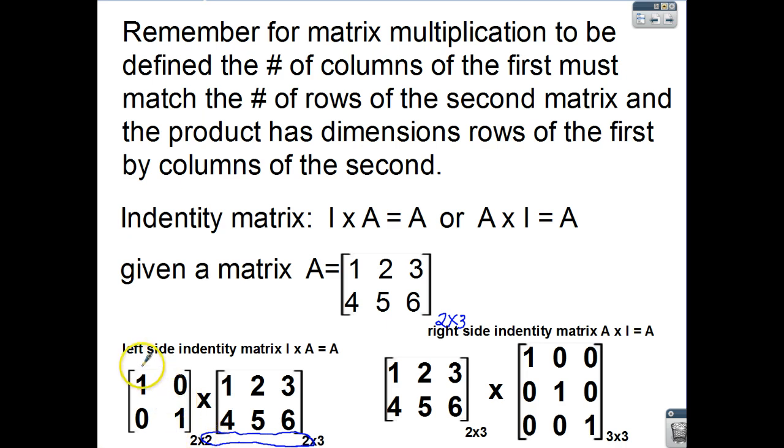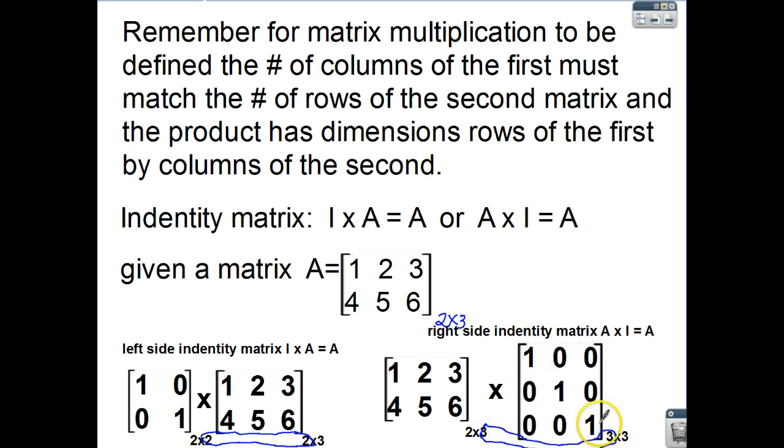So the left-hand identity matrix for A is a 2 by 2 identity matrix, ones on the principal diagonal, other entries are 0. But if we decide to put it on the right of this matrix, then these two numbers would have to be the same, so they would have to be 3s right here, and of course we know that the identity matrix is a square matrix, so if one of them's 3, the other one's got to be 3.